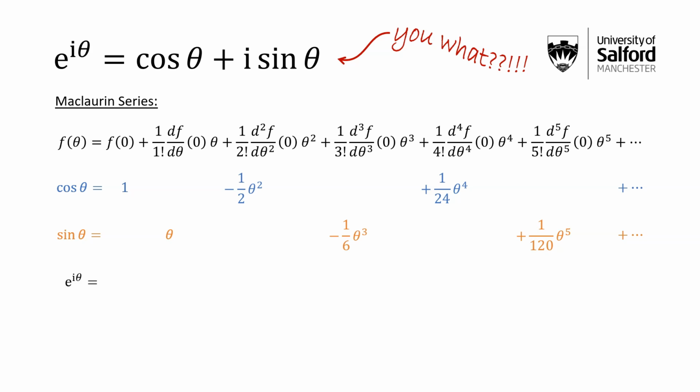Now, if you do it to e to the i theta, there's an expansion for this, and e, if you recall, was introduced as the base of the natural logarithm. It has this fantastic property that when you differentiate things, it turns them into multiplication, so whatever you've got in the exponent just comes down as a multiplier.